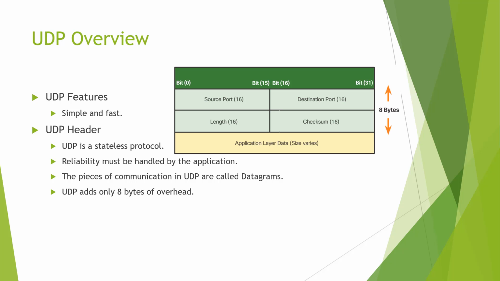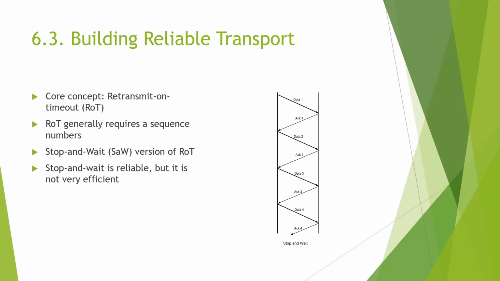We've already discussed the UDP server process, looking at source and destination ports. So the question really is, how can we build a reliable transport based off of UDP if UDP is not made for reliability? Well, within general communication, reliability is not necessarily always a concern.